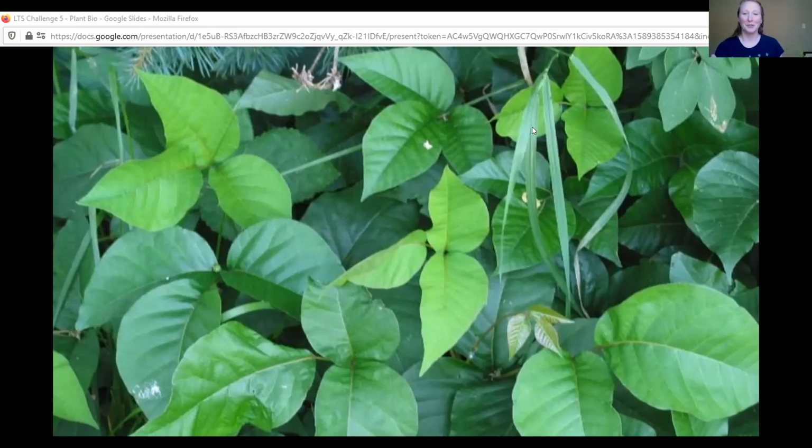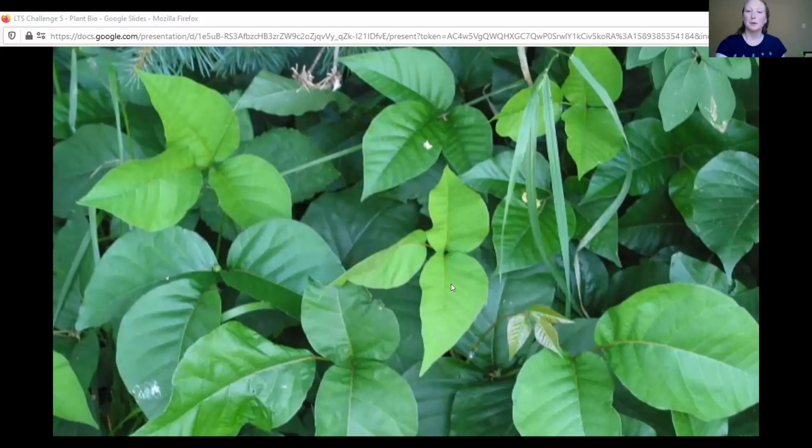So most of you guessed correctly. This is poison ivy. Very good. I always like to show people what poison ivy looks like. I'll put that away. And so if you see my mouse here, the way that I always like to identify poison ivy is we know that it has 3 leaves.